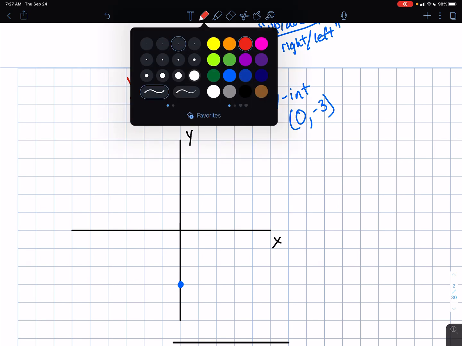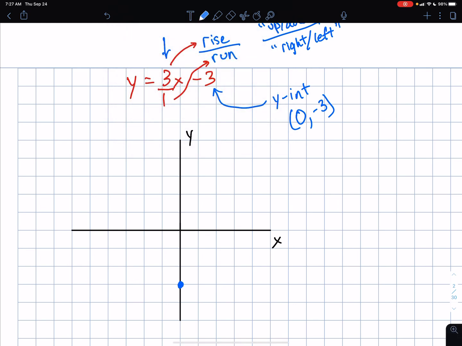And so we'll come back to our blue dot on our graph, right? This blue dot right here. And from there, our slope needs us to go up 3 over 1, right? Rise is 3, run is 1. And we just repeat that process, up 3 over 1, up 3 over 1. You really only need 2 dots, and then you can connect the lines. I'll do a couple of them.